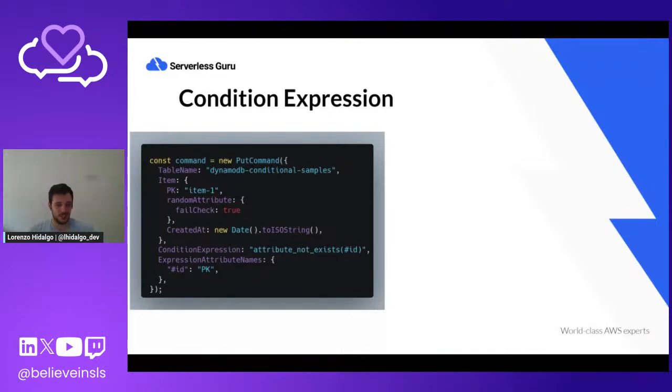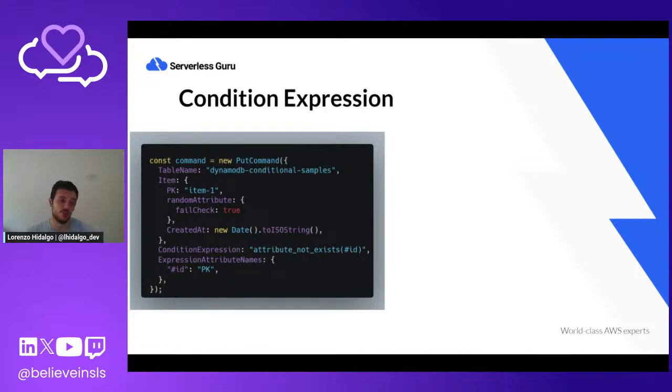So, condition expressions. What do we need to do in order for DynamoDB to not overwrite our existing documents if the attribute already exists? It's something like this. Condition expression attribute_not_exists. This means that when we execute a put command with a PK that already exists, so a primary key that already exists, DynamoDB will fail because it will run this condition expression, attribute_not_exists.